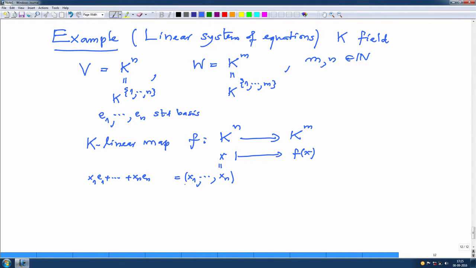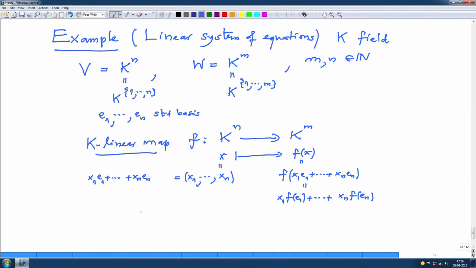So now where will this go? f of x is therefore f of x1 e1 plus ... plus xn en. But because f is linear, this is the same as x1 f of e1 plus ... plus xn f of en, since the xi are scalars and come out.